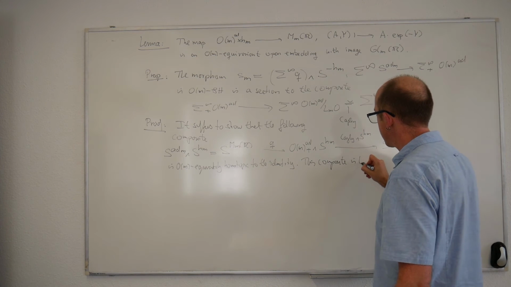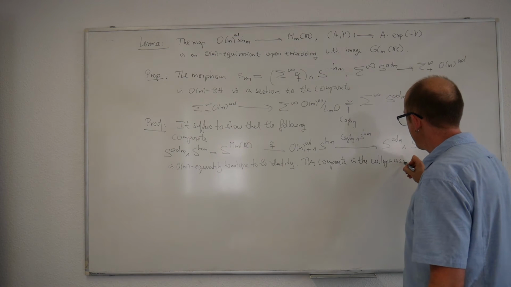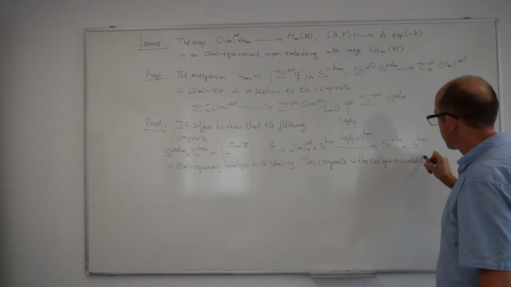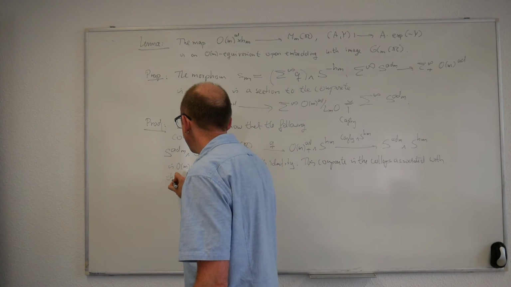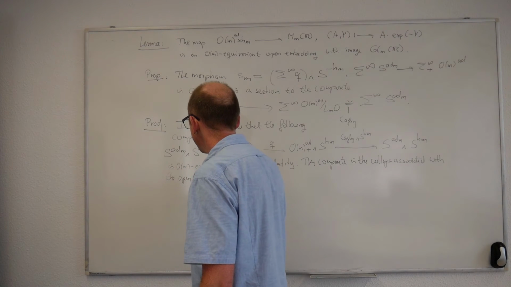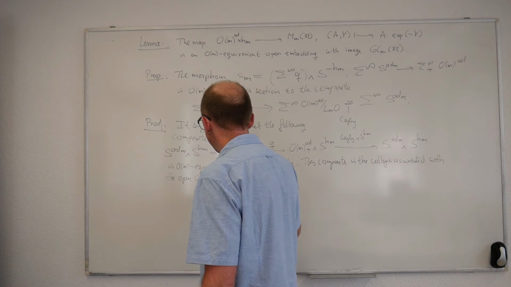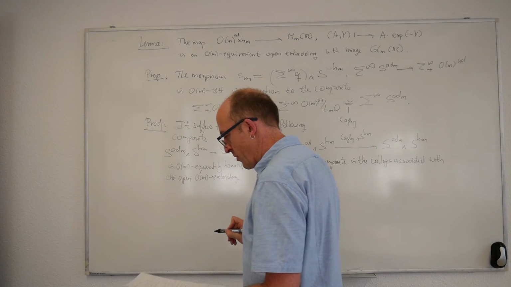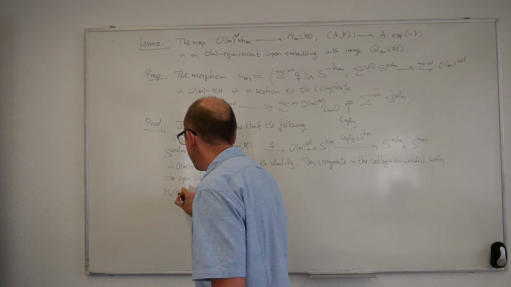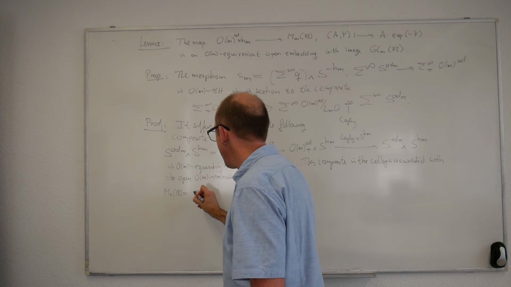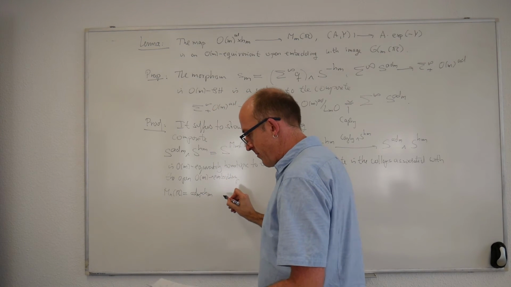This composite is the collapse associated with the O(M) open embedding that we get by composing the previous ones. So we have to go from the M by N matrices that we can write as ad M cross HM.